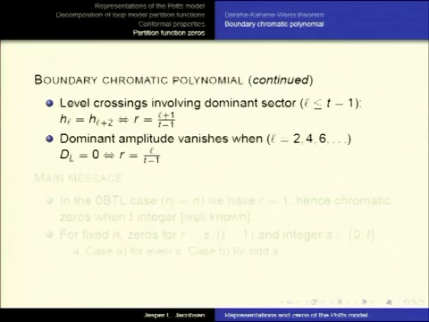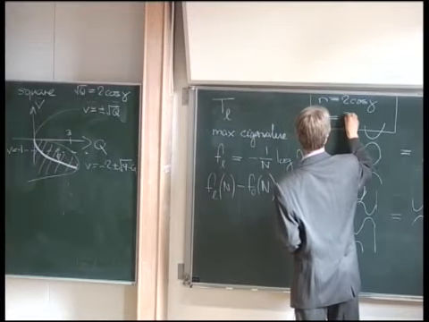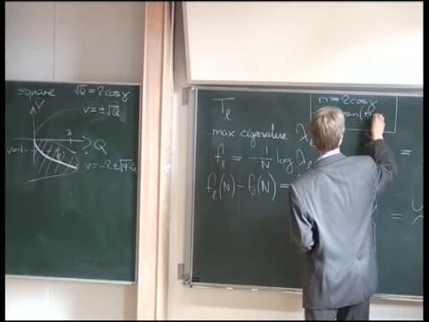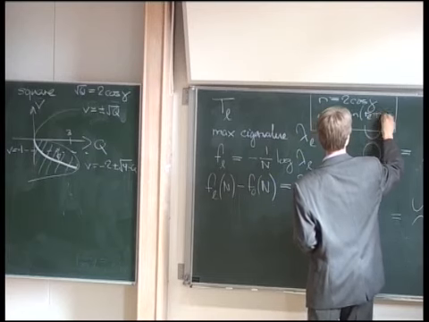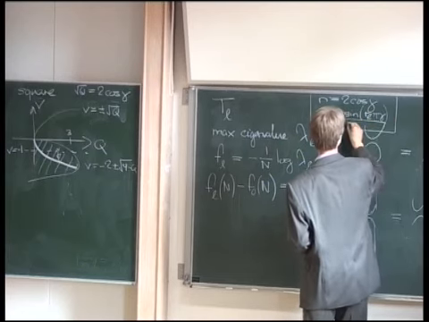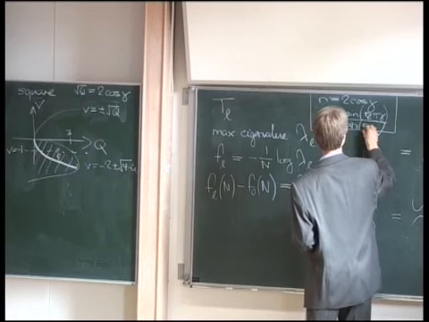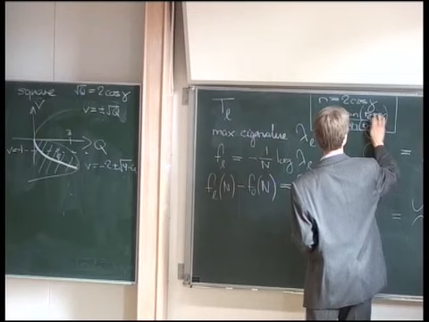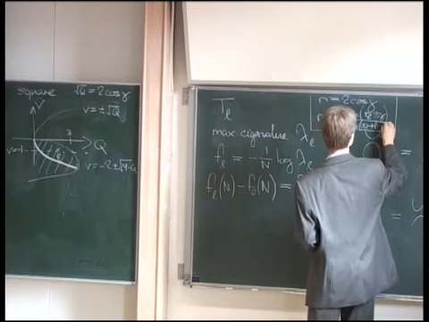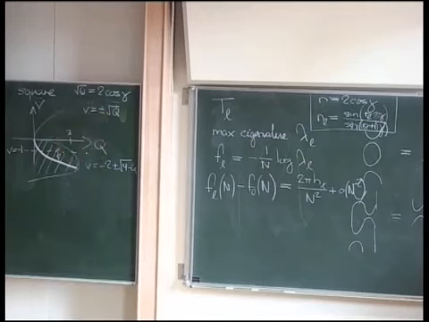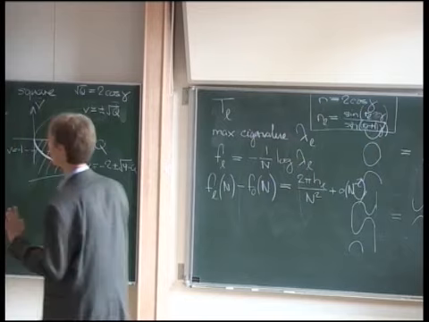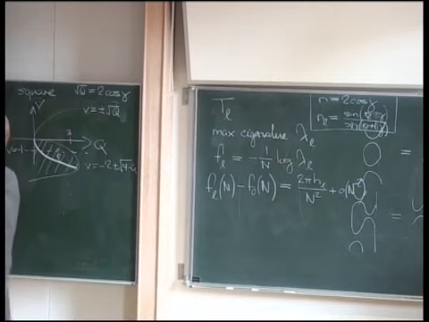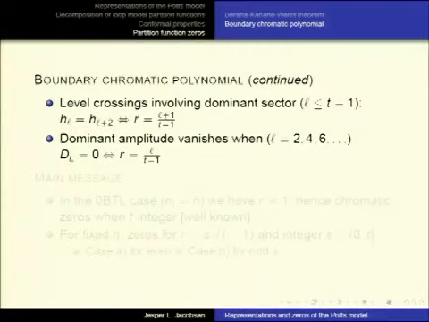So there was N, which was 2 cosine gamma, and there was N_L, which was sin(R_L π γ) over sin(R_L + 1)πγ. When this R takes these particular values here. And the dominant eigenvalue vanishes when R is equal to this.